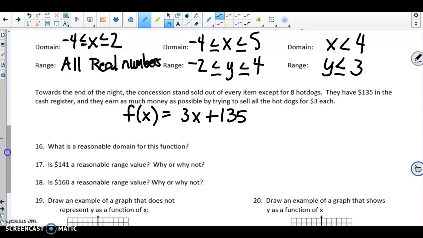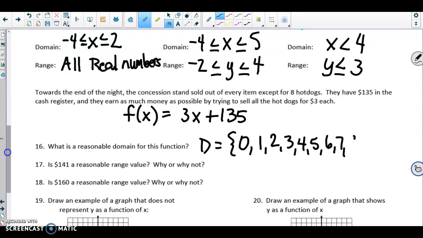So a reasonable domain would end up being the amount of hot dogs that we could sell. So we could sell 0 hot dogs, we could sell 1 or 2 or 3 or 4 or 5 or 6 or 7 or 8 hot dogs, because that's all the hot dogs that we have. So that would be our domain.